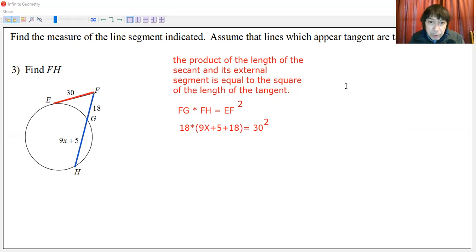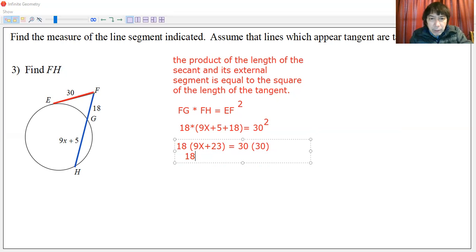All right, and so we shall simplify our solution here. We start with 18 times 9x plus 5 plus 18, that will be 23. And this is equal to 30 squared, which is 30 times 30. And we shall divide this by 18.